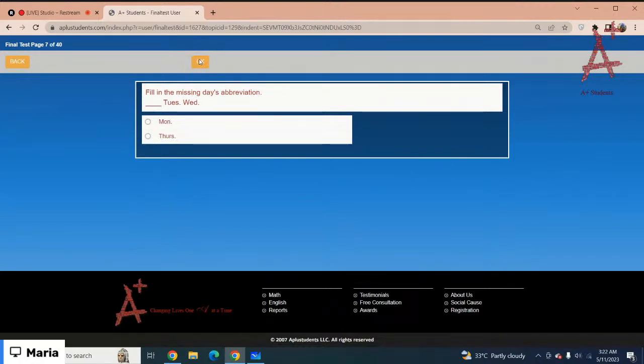Fill in the missing day's abbreviation, which is the day before Tuesday. Before Tuesday, it would be Monday. The correct option is Monday.